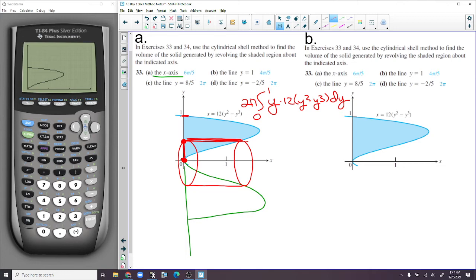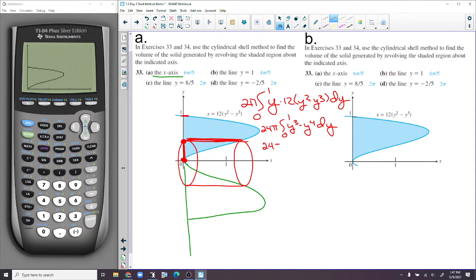I said we'll do this one by hand and then we'll do the rest with the calculator. So let's finish this one out. 24 pi, 0 to 1. I pulled the 12 out. That'd be y to the third minus y to the fourth dy. So distribute the y through. And I even have the answer, it's 6 pi over 5.